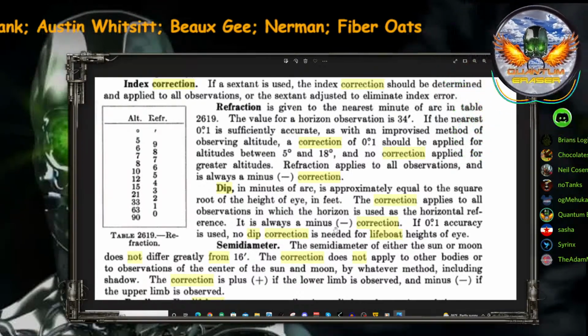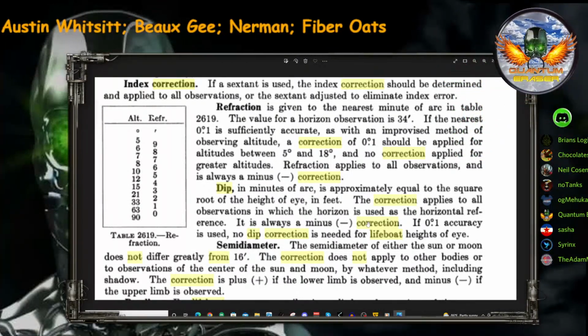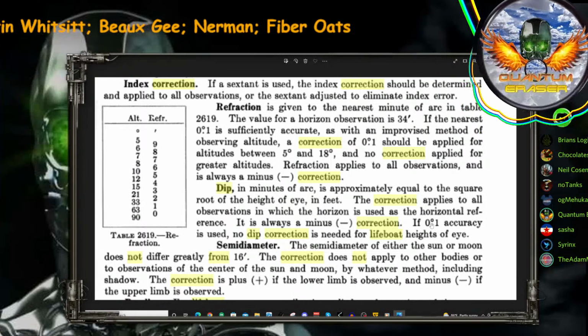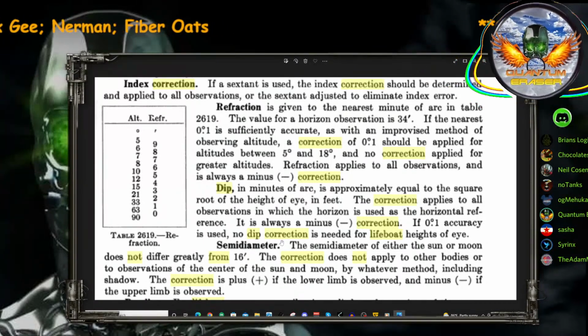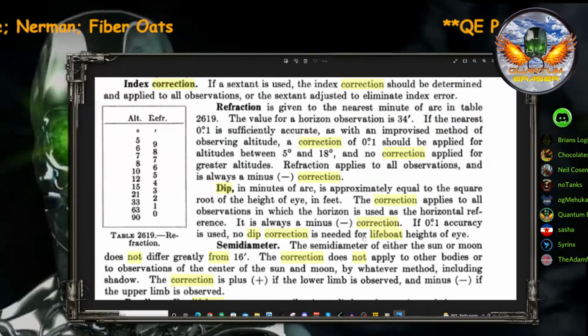It is always a minus correction. Hold on, I'm getting to the punchline. If 0.1 degree accuracy is used, no dip correction is needed for a lifeboat's height of eye.